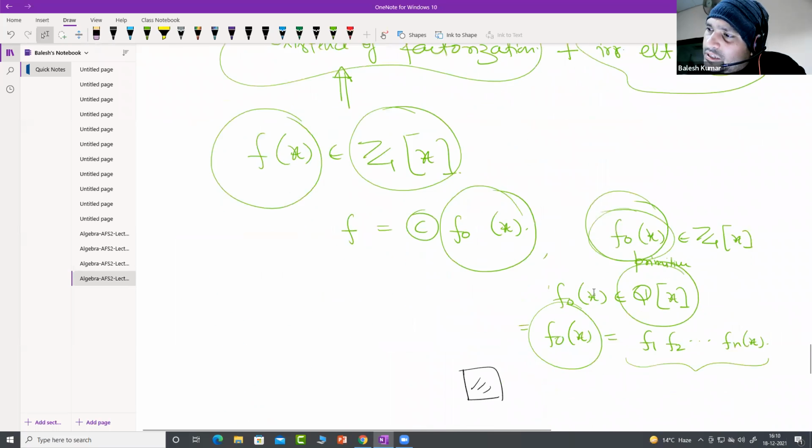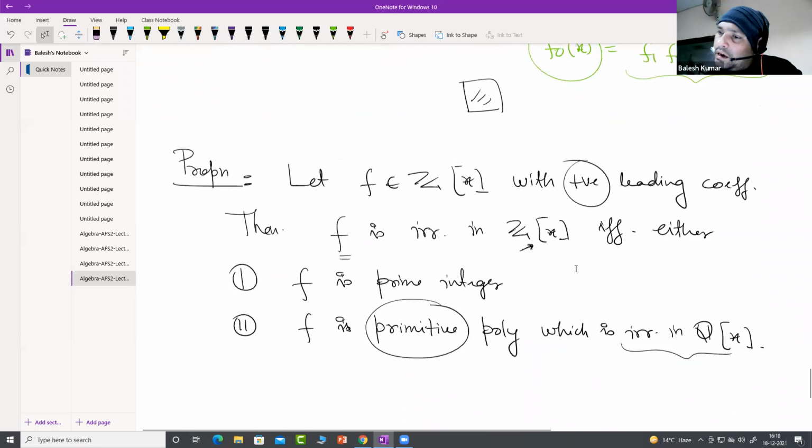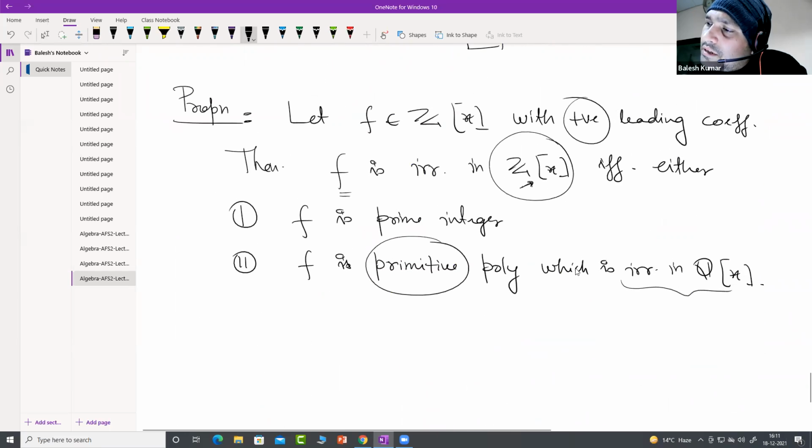So therefore, if you have an irreducible element inside Z[x], then it will be either a prime integer, or otherwise an irreducible polynomial which is primitive. And this primitiveness is also very natural, because if f is irreducible, that means there is no non-trivial common factor among its coefficients.